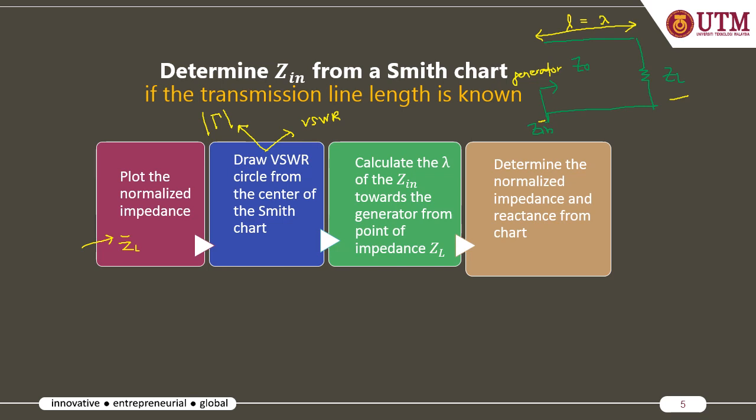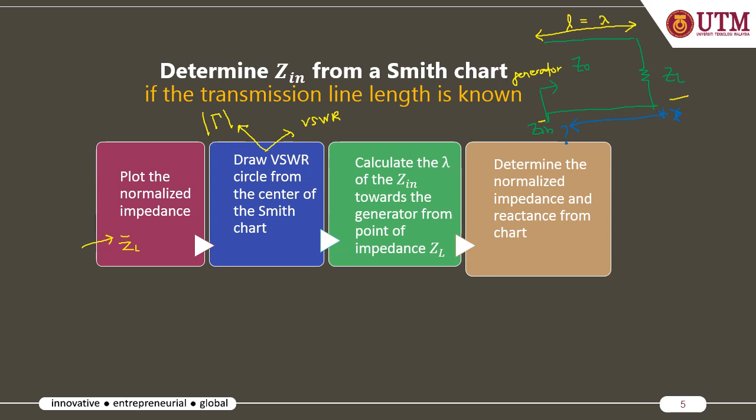Okay, since you know the load, you know the wavelength at this point. So to get the wavelength at the input point, you need to refer to the scale looking towards the generator.